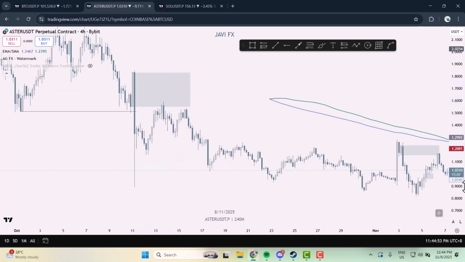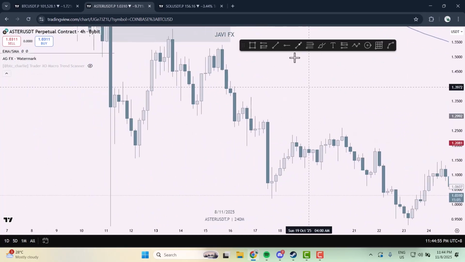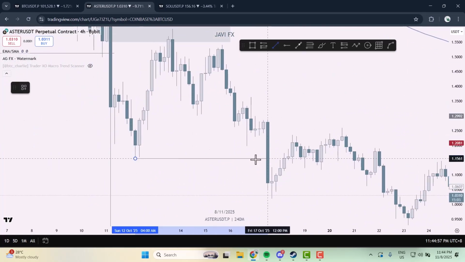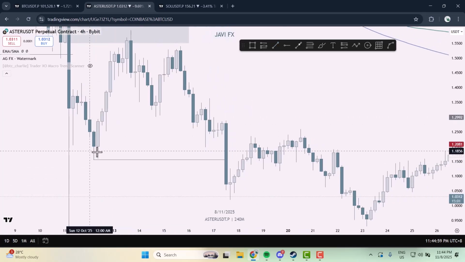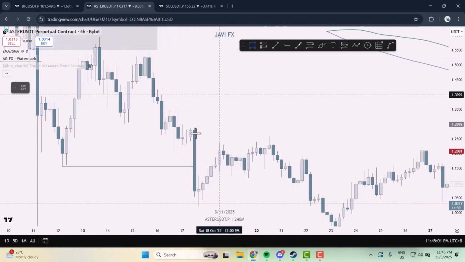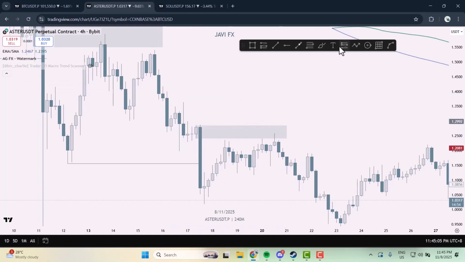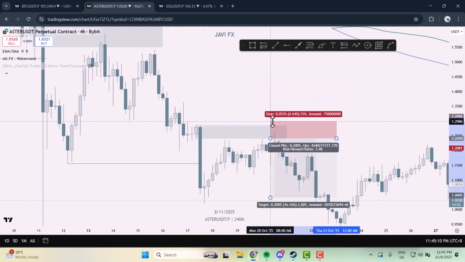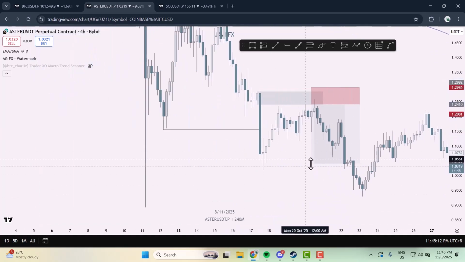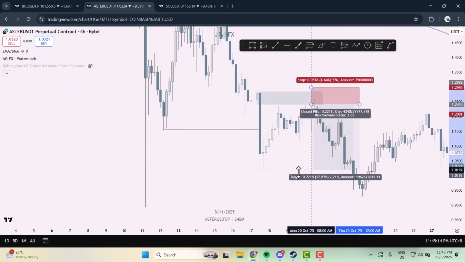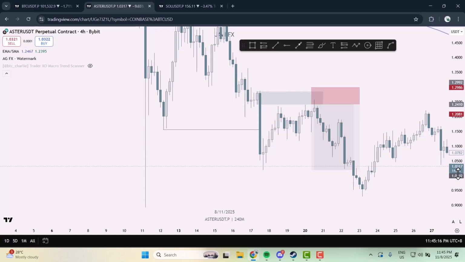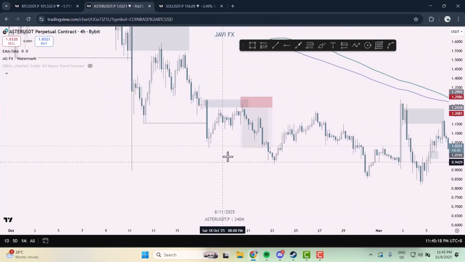What I would have taken is this. Guess what? Another break of structure. Another lower low. Uh-oh. A supply zone. Perfect for a short. Now you can target just a new lower low, just this recent lower low.